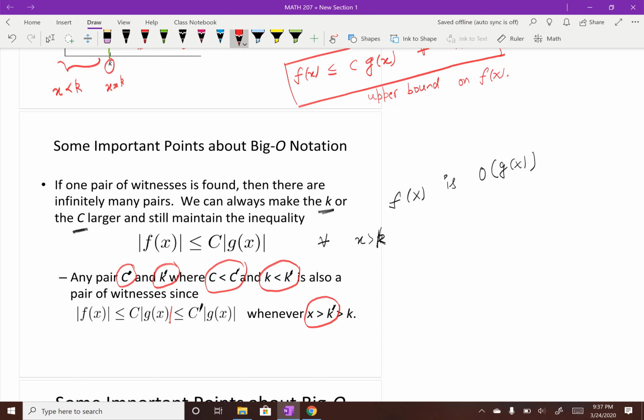So if one pair of witnesses exists, then you can find many different pairs of witnesses for which you can claim that f of x is big O of g of x. The logic here is we require the pair of witnesses which can give us the tight upper bound.